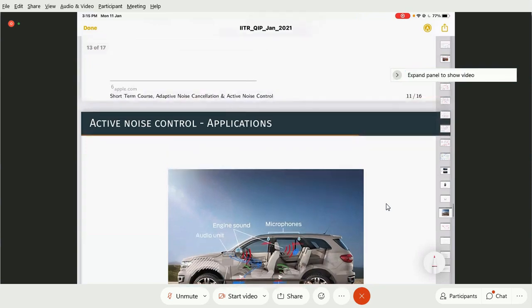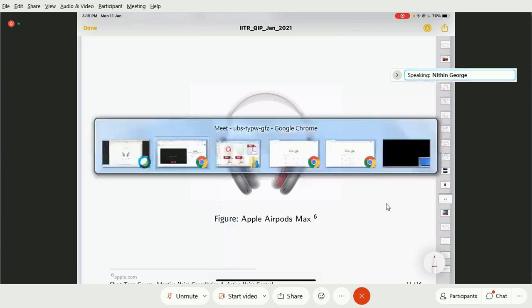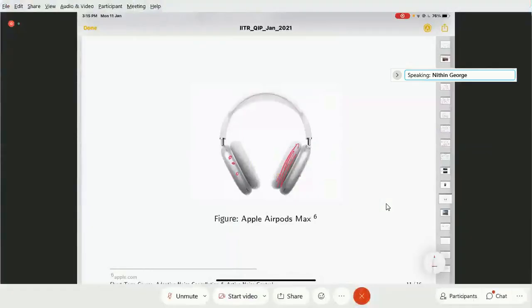In the headphone, they will have multiple microphones inside also. Inside the cup also, you will have a mic. Outside also it will have a mic. It will have additional speakers, or it may use the same speakers. So there is an investment in terms of the hardware setup also. It's not just an algorithmic implementation, it is a hardware implementation.